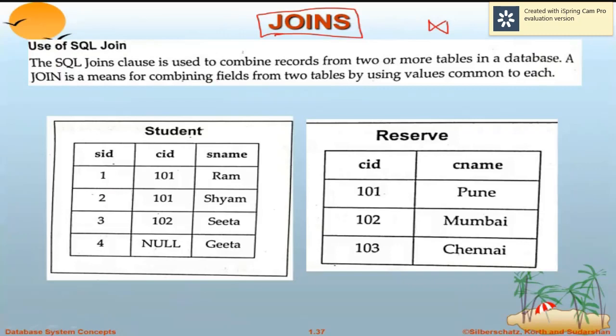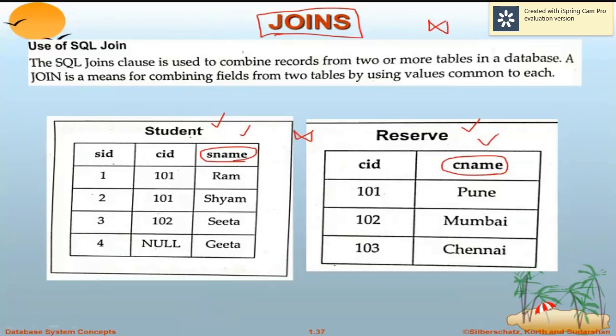For example, you have a student table and a reserve table, and you want the student name from the student table and the course name from the reserve table. In that case, you have to join the tables student and reserve, give some conditions, and pull out the data of SNAME and course name.